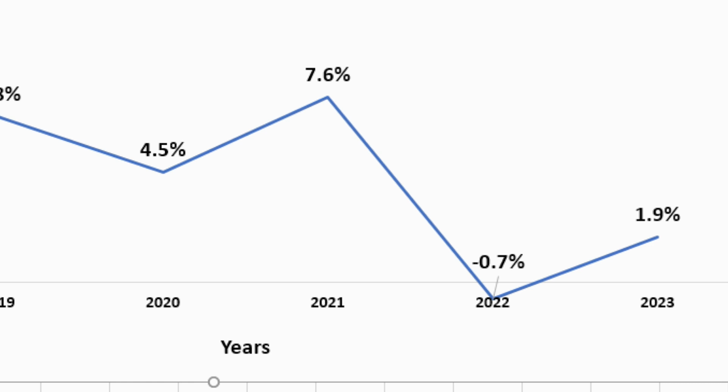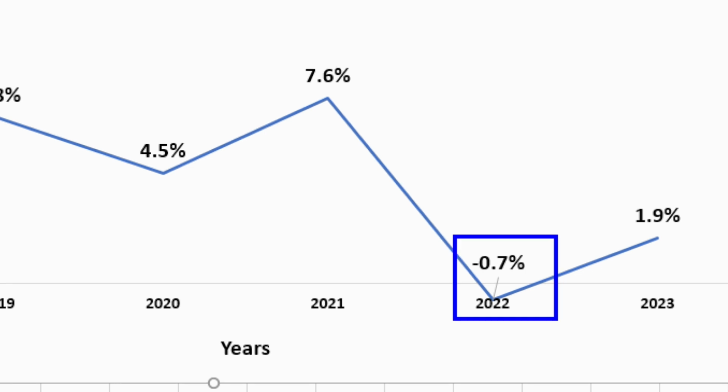We could see here in 2022 that the return on assets is a negative number, which is 0.7%. That is indicating a worse performance for that year. That year they ran a loss as regards return on assets.